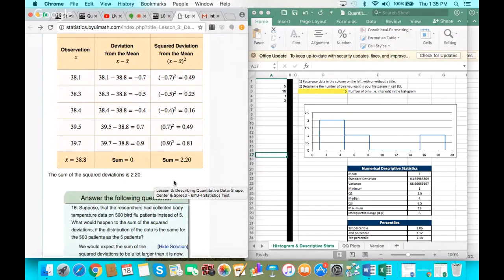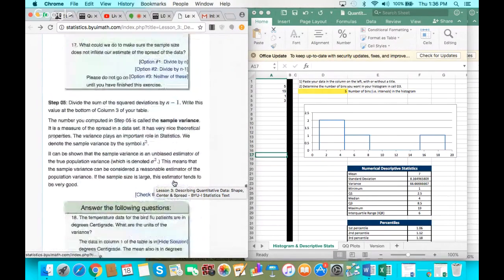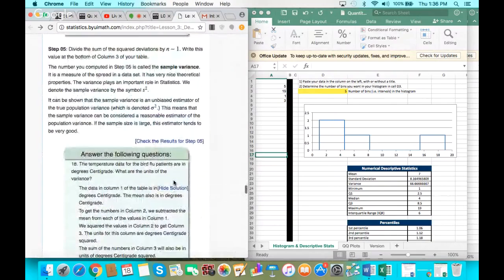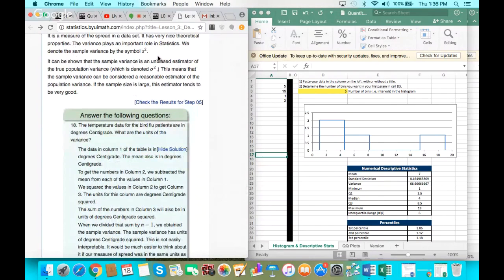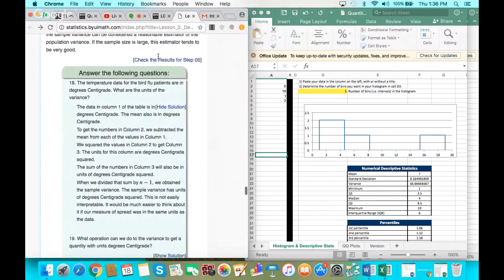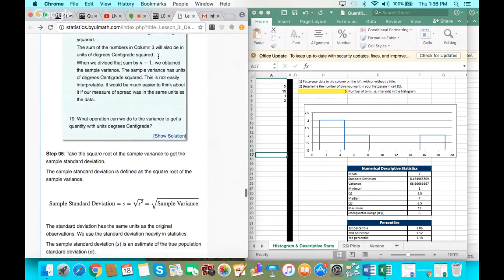That doesn't make sense. Okay, well. Sample standard deviation.